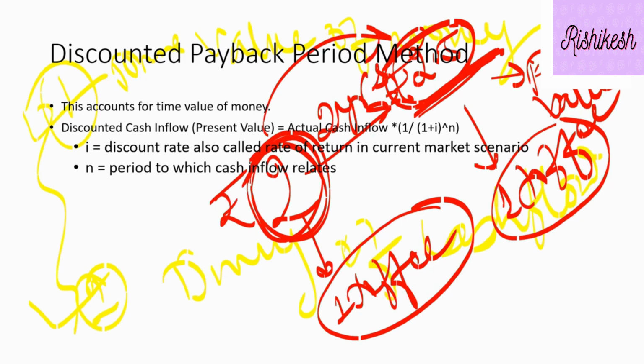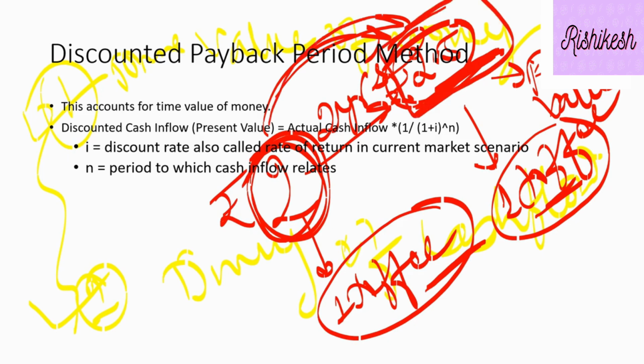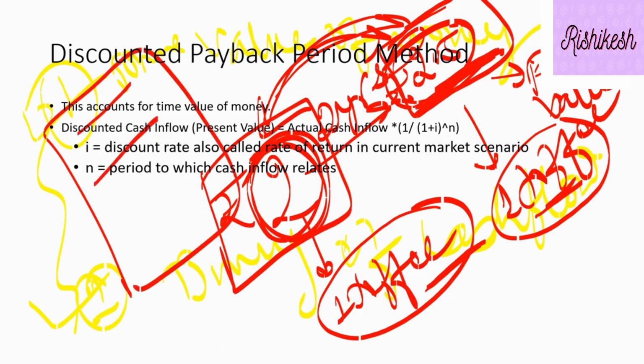Did you get that point? Because for buying the same item, you're going to pay a higher amount. This means the value of money has decreased in the future, right? So what I want is to convert this future value into the present value, because I am doing the calculation right now.